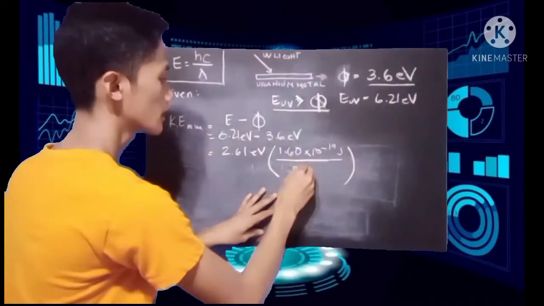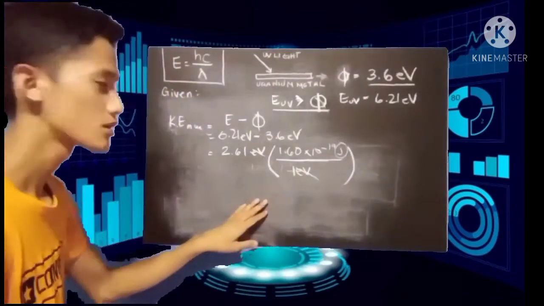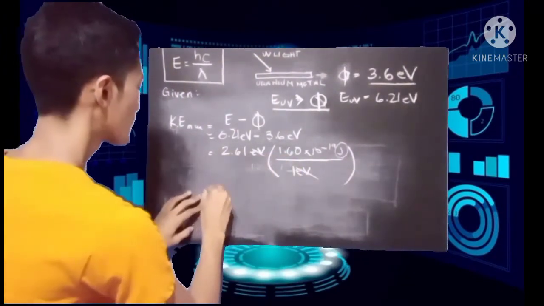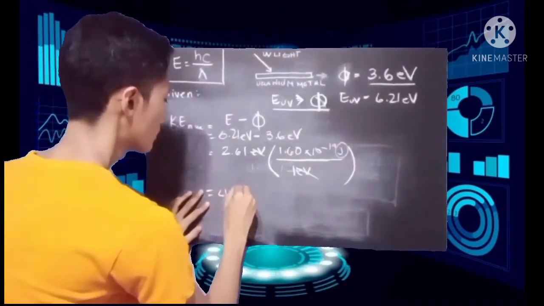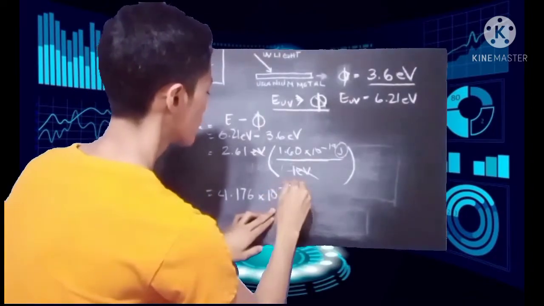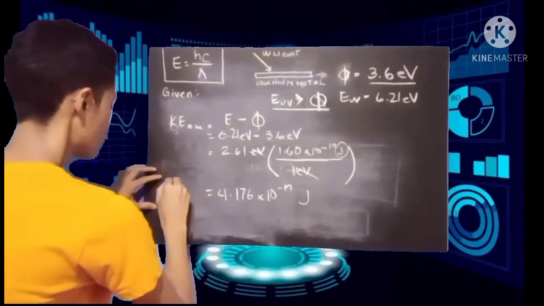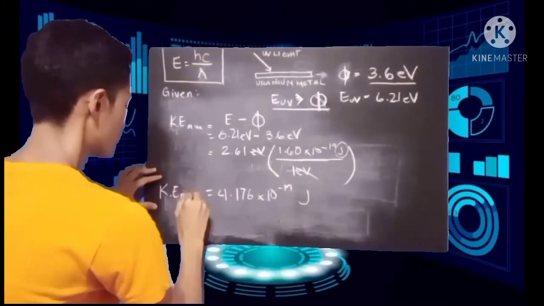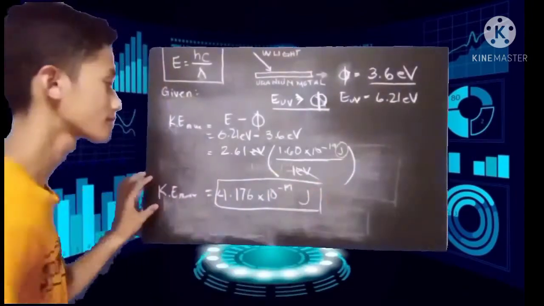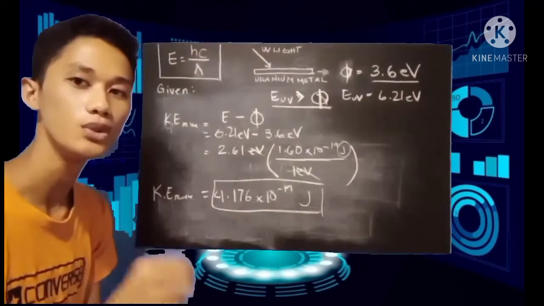Let's cancel the unit of electron volt, and what we will have is the unit of joule. We simply multiply these two numbers, and we will get 4.176 times 10 raised to negative 19 joules. So this will now be the maximum kinetic energy of the photoelectron, or the ejected electron: 4.176 times 10 raised to negative 19 joules.